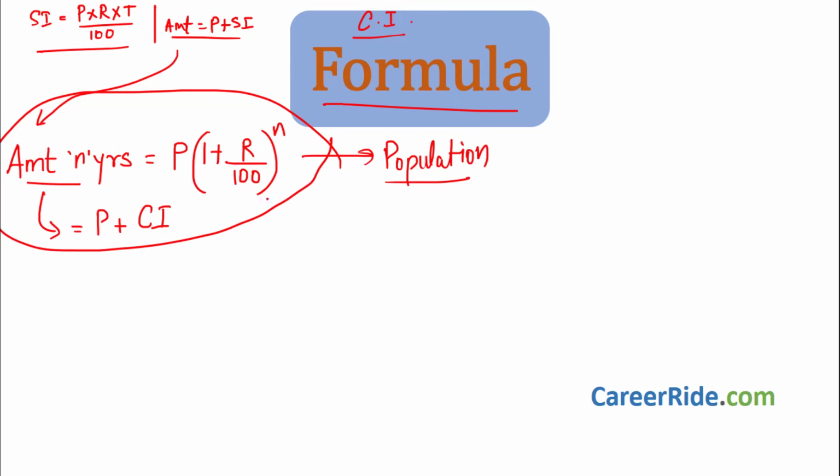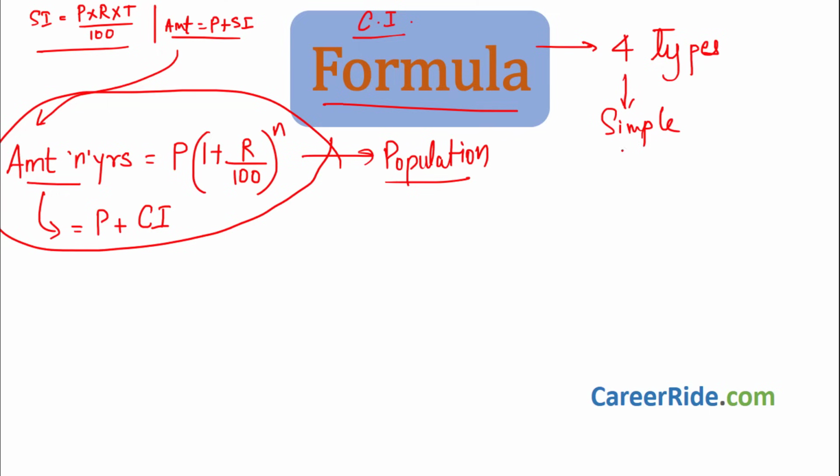Now compound interest sums are of 4 types. In simple interest there were not many types, we just had the formula and we used it, but compound interest sums are generally asked from 4 types. If there is something really different, we can solve it using those 4 types. The first type is the simple formula which we have seen right now.